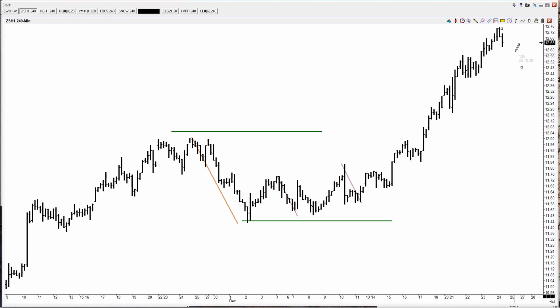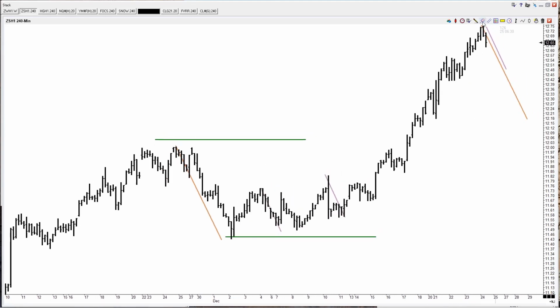It looks like it can't even do a minor. The minor is going to put us down in this little coil, and the major, I'm noticing, is putting us right around here, where we did some kind of weird swap. Okay, so let's follow that.